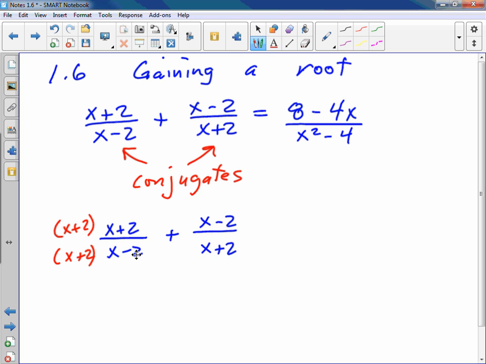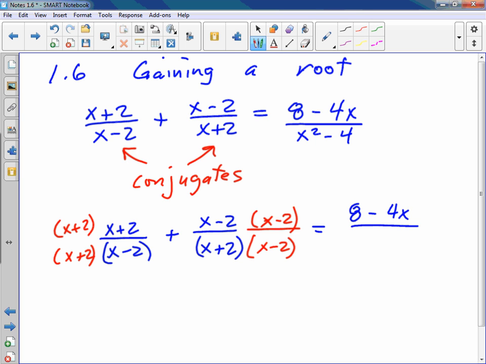I can multiply anything by 1 and I'm cool. Okay? It's not a problem. And over here, what am I going to multiply by? Yeah, the conjugate, x minus 2 and x minus 2. And then this whole thing equals 4x over x squared minus 4, like that, right?